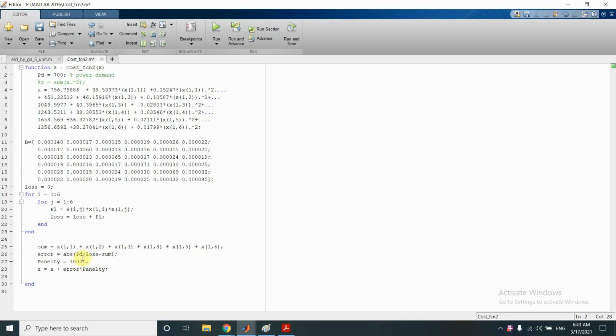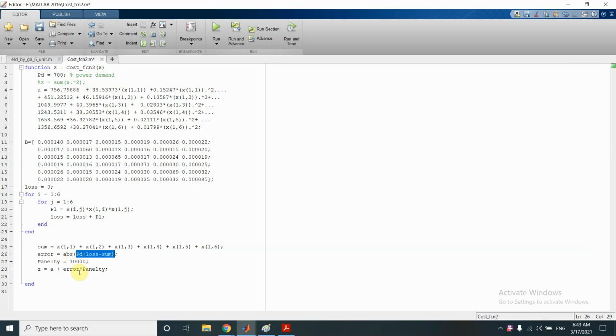So when this losses plus demand is not equal to sum, that is this particular expression does not give 0, then we multiply penalty with this expression so that the total cost is affected adversely, because when this constraint is not satisfied, what we are saying is increase the loss abruptly.